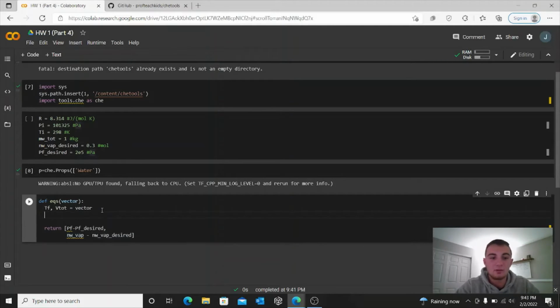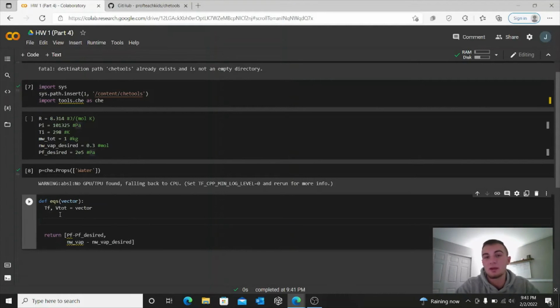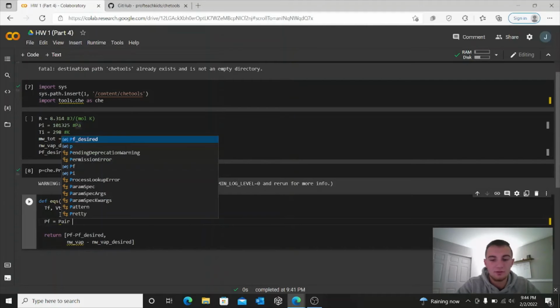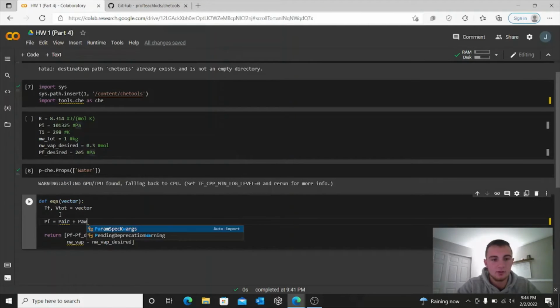Okay, so now what we need to do, like I said, is enter the relationships that we have previously determined on the whiteboard. The first relationship we'll talk about is the final pressure. And remember, that was equal to the partial pressure of air plus the partial pressure of water. Okay?